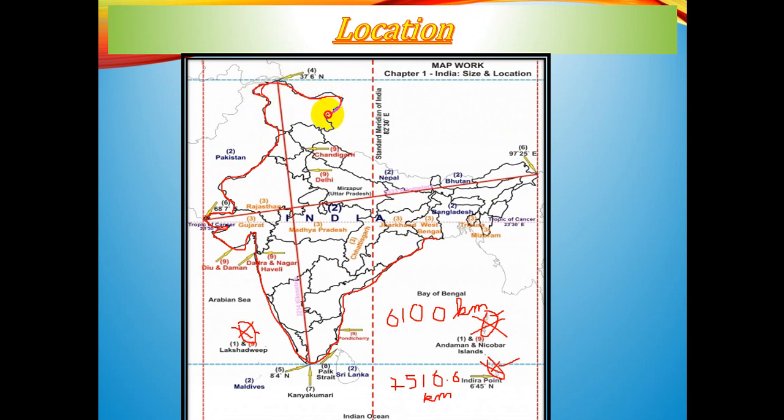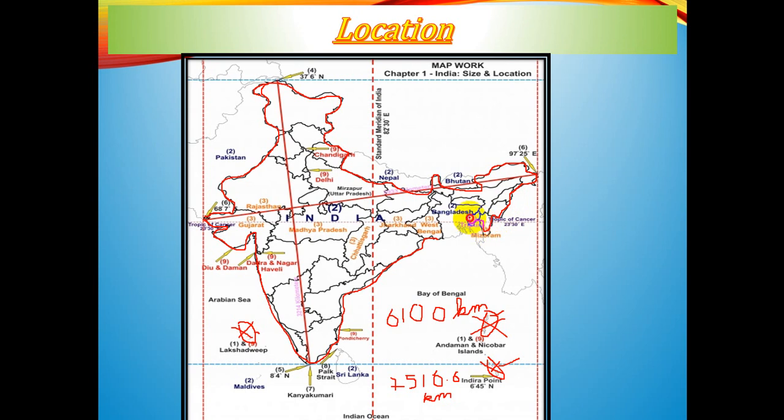Then comes Uttarakhand. Roughly I'm moving and I'm showing it. Then comes the part of Uttar Pradesh. Then it is Sikkim. Then comes part of Assam, Arunachal Pradesh. This entire land boundary, when we are talking about the boundary, that means it will come up till the part of Tripura.